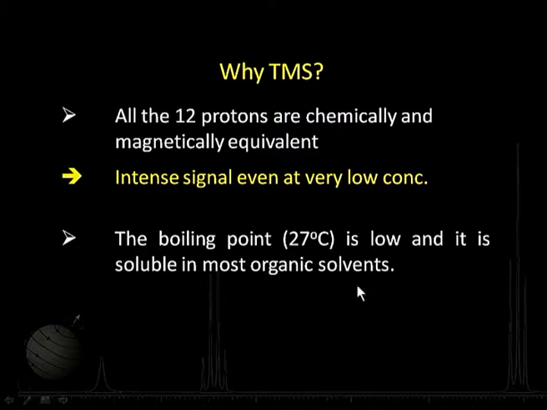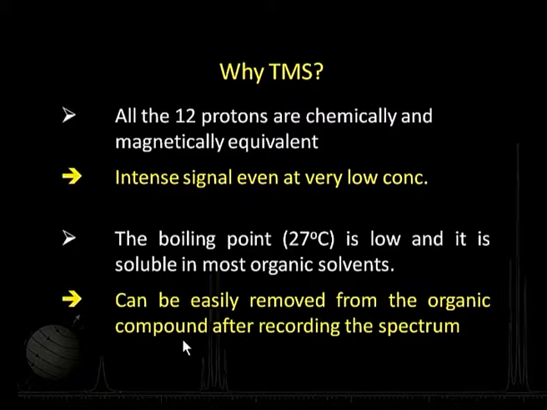So, as a consequence of this, what we can do is, say I want to run a spectrum for a given molecule. I take the compound, dissolve it into a suitable solvent, say CDCl3, and then put a small amount of TMS into that. Then I run the spectrum, and having recorded that, I can just warm it a little.